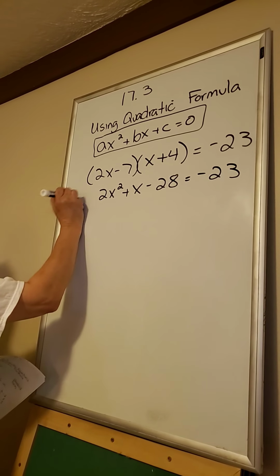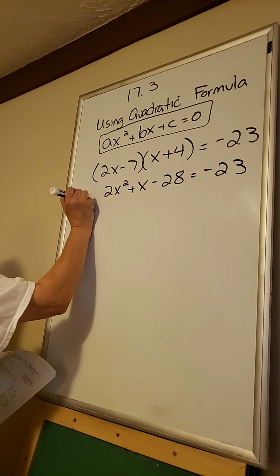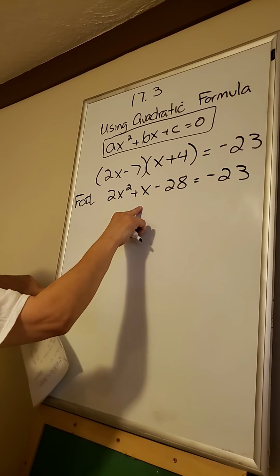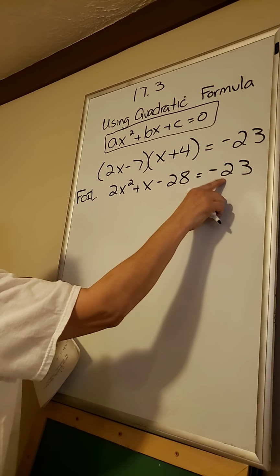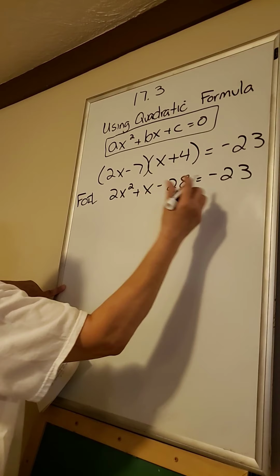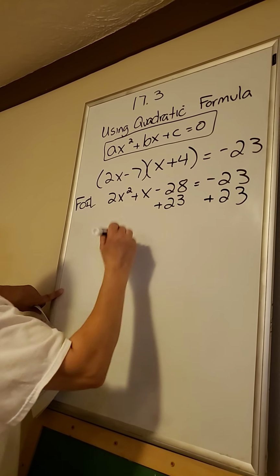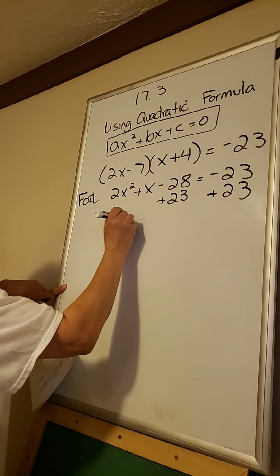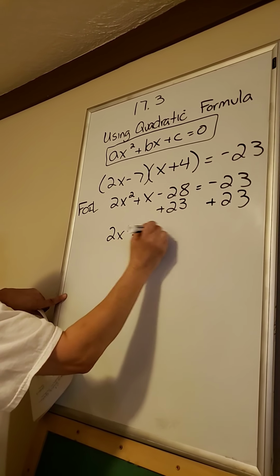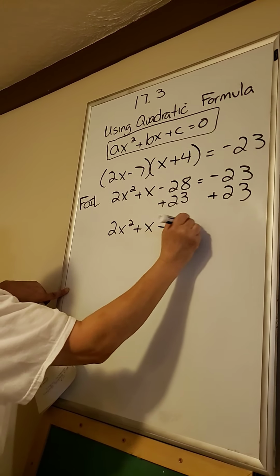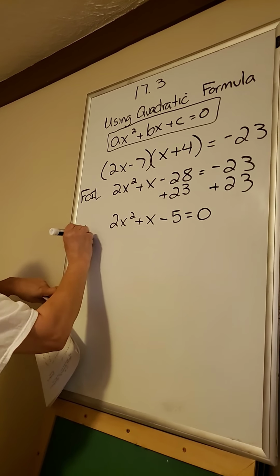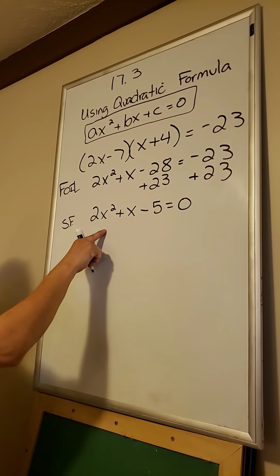So the first thing we did is we FOILed this. Then we have to put it in standard form. We have to move the 23 over here, so we're going to add 23 to both sides. That's going to give us 2x squared plus x minus 5 equals 0. This is standard form right here.